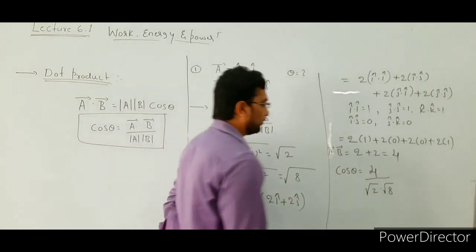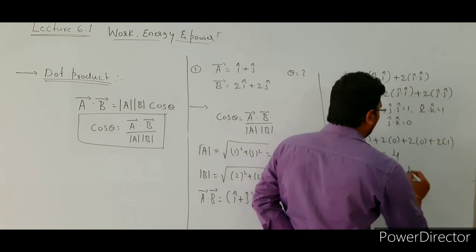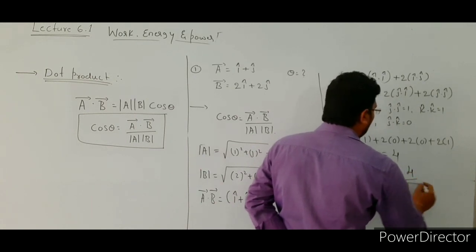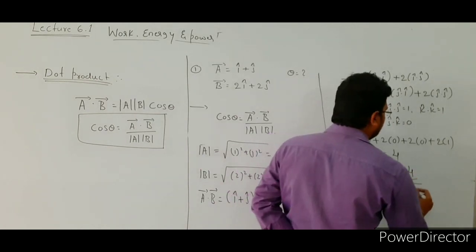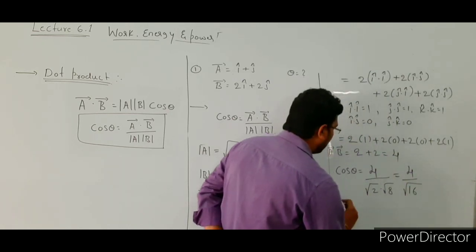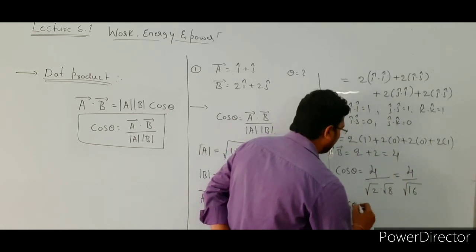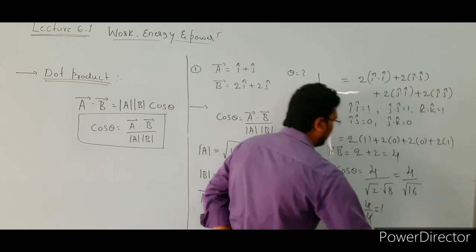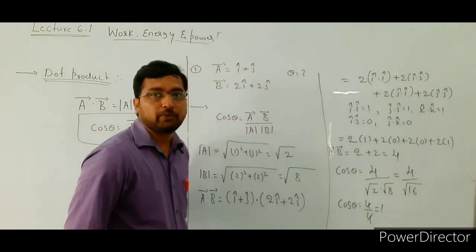So this is equal to 4 divided by under root of 8 into 2, that is 16. So cos theta is equal to 4 by 4, that is equal to 1. Cos theta is equal to 1, right?